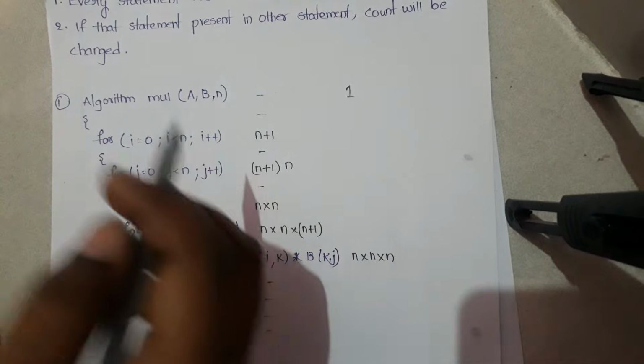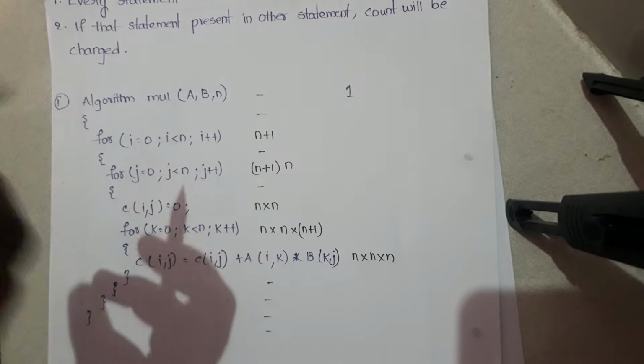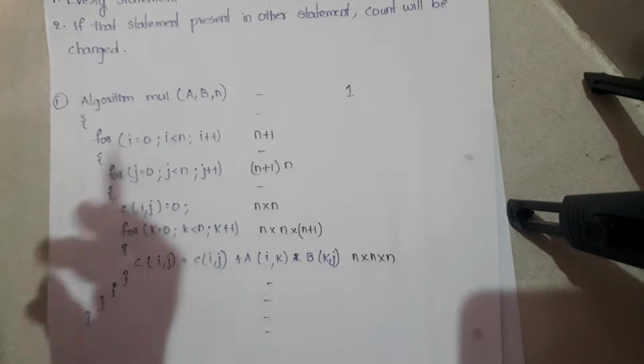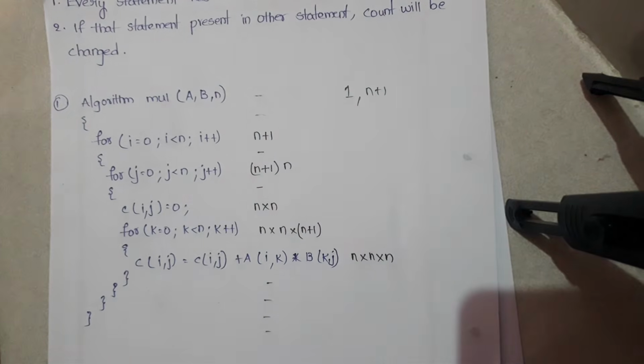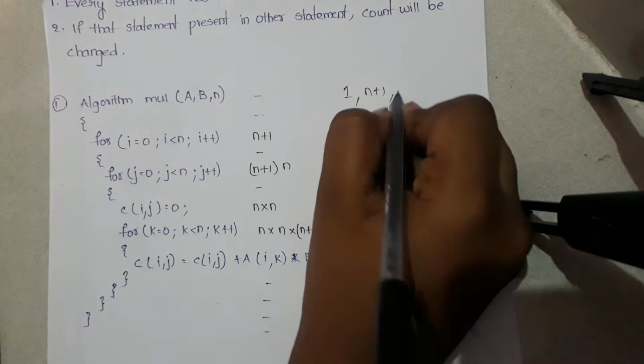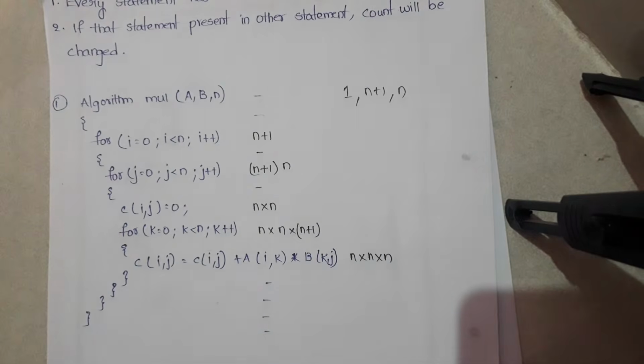For example, if it is a looping statement, for example for, while, do while, then it will be n plus 1. And one more important thing is, if a statement lies inside another statement, then this inside statement will have a value of n. So these are the three main points.